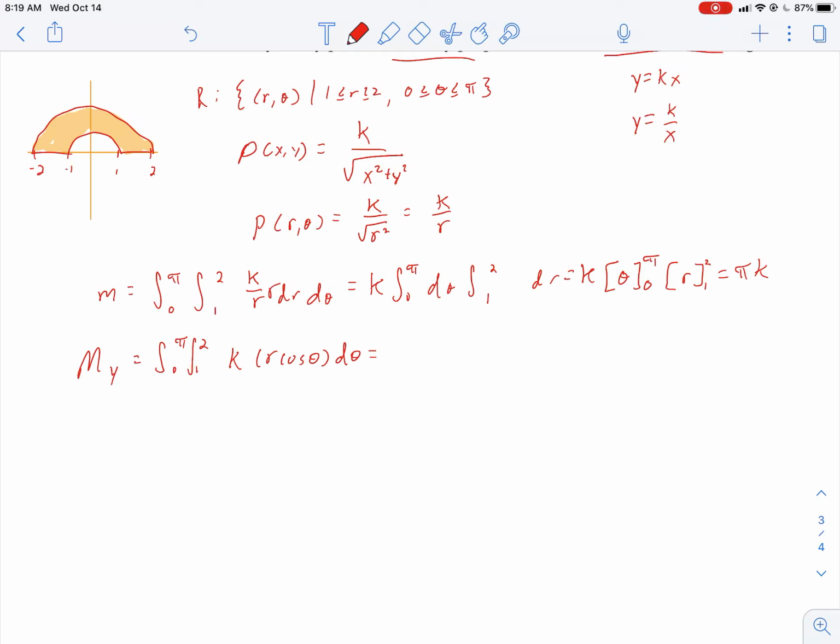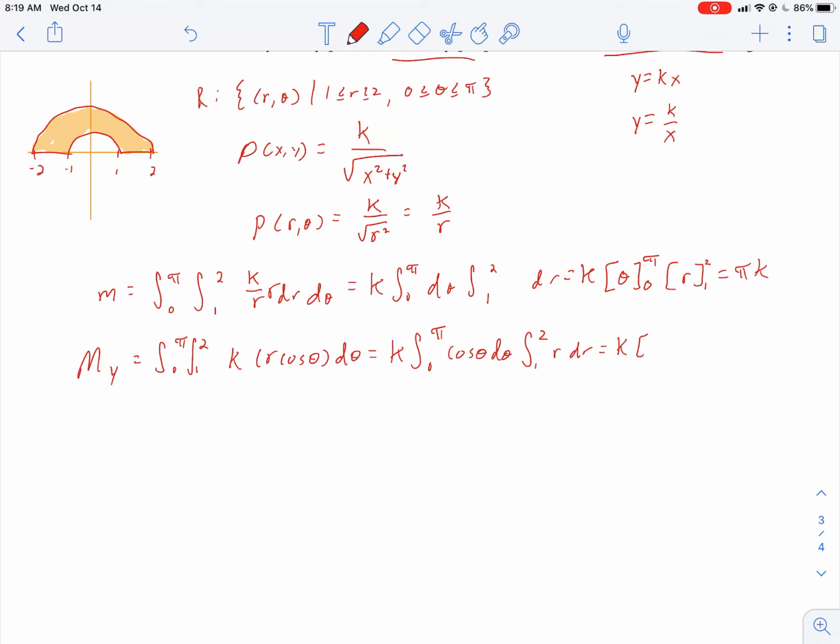Now I'll go ahead and integrate. So now I'm going to pull out my k on the outside. Forgot the little integral there. And then I have 0 to pi cosine theta d theta, times 1 to 2 r dr. And again, you like polar coordinates because they're not that bad.